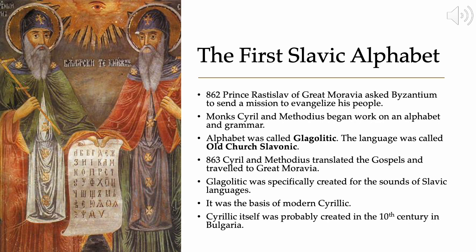They actually added elements of Greek grammar in order to translate the kind of abstract concepts that you have in the Bible. So it was this kind of Esperanto-ish language that was created specifically for this purpose and was really only used for sacred texts. There were no native speakers of Old Church Slavonic. It's just this purely literary language.